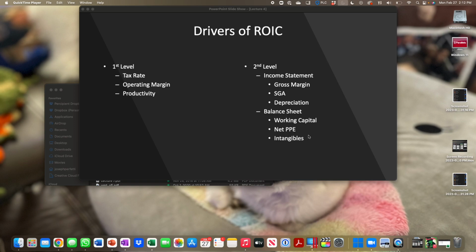So you add those three things up, working capital, PP&E, and goodwill, you get operating invested capital, okay? So those are the three things that will drive productivity, okay? And so that's what we're going to be doing here when we analyze the trees. All right, so the second level drivers explain the first level drivers, the first level drivers explain the ROIC.